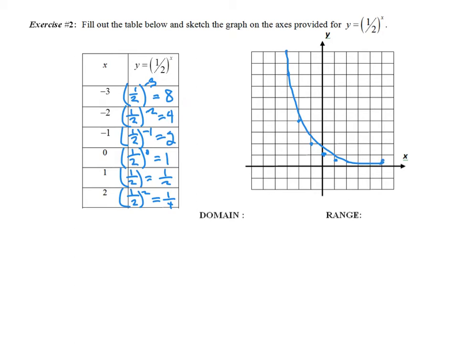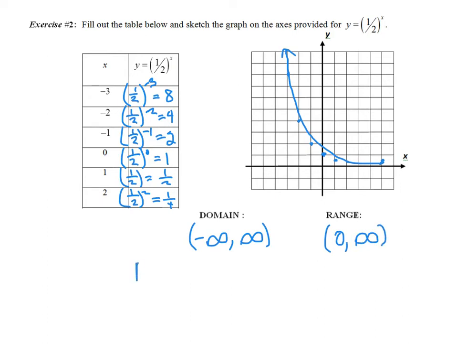And again, you should see that this graph also approaches the x-axis but doesn't cross it. Our domain is still going to be all real numbers, so I'm going to write that in interval notation as -infinity to infinity. The range still stays the same, everything above the number 0 but not including 0.